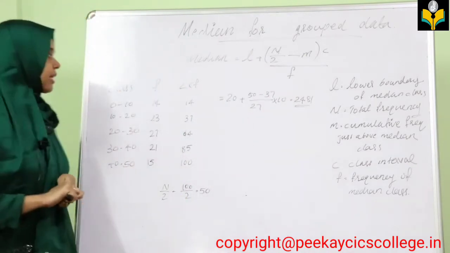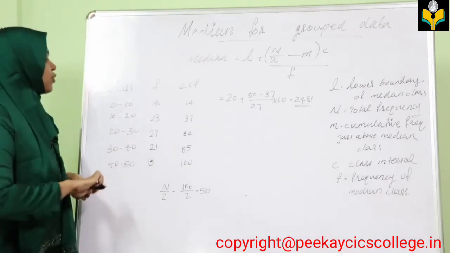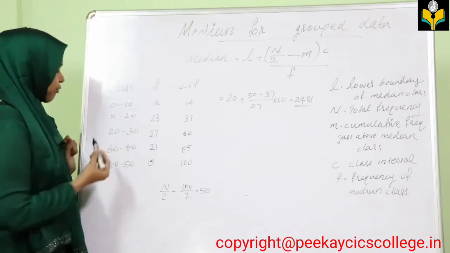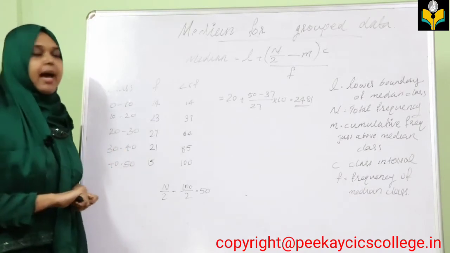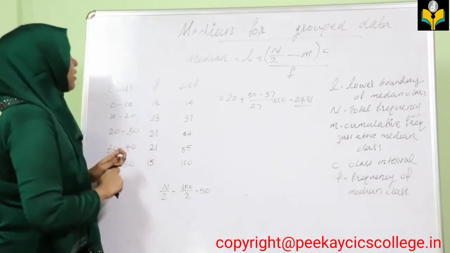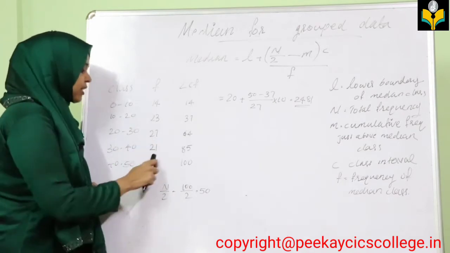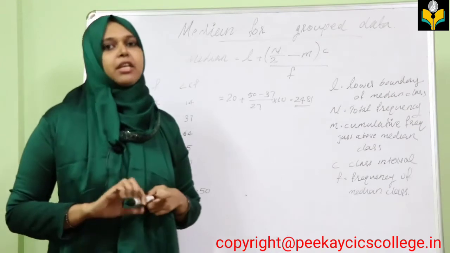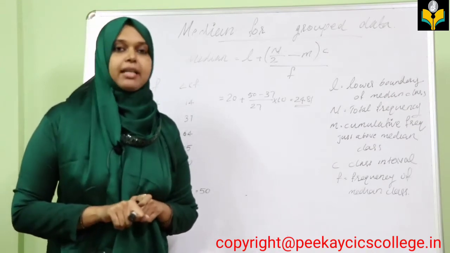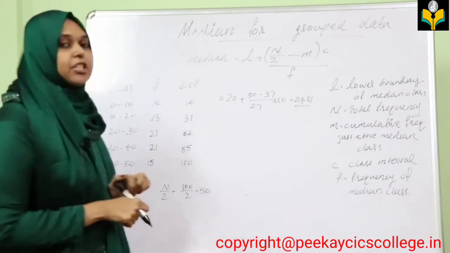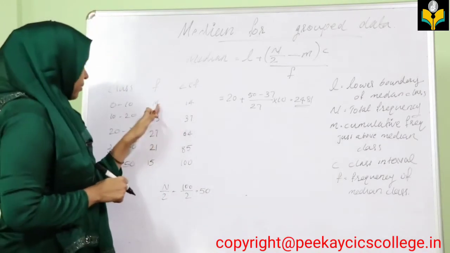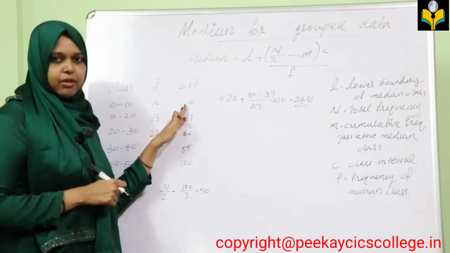So let's see how the problem works. Our classes are 0 to 10, 10 to 20, 20 to 30, 30 to 40 and 40 to 50, and the frequencies are 14, 23, 27, 21 and 15. The first step is to find the less than cumulative frequency. First you write the first frequency itself.